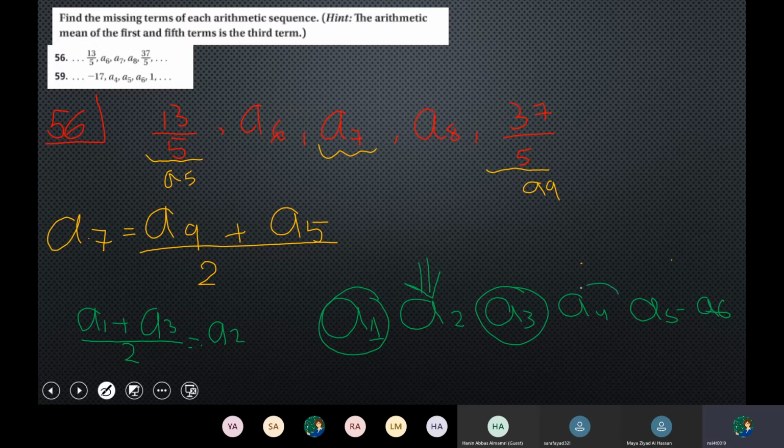If you add a sub 4 plus a sub 6 and divide it by 2, what will you get? You will get a sub 5, because this is a sub 4 and this is a sub 6. If you take the arithmetic mean of them, you will find the term that comes in the middle, which is a sub 5.